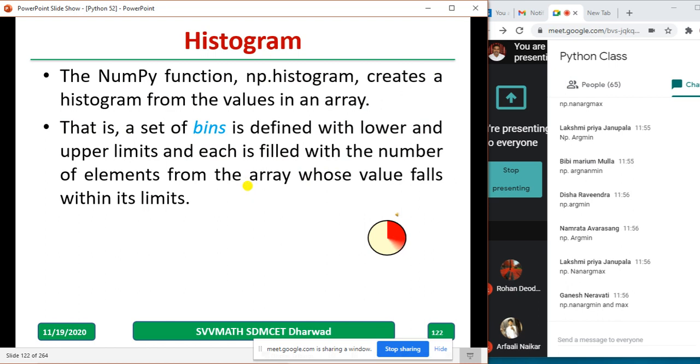A theory you may not understand now, whatever I have read in these 3-4 lines. With a numerical example we are going to see in the next slide. I'll show you one example, how the histogram looks and how to change the number of bins. All those things I am going to show you in the next slide.